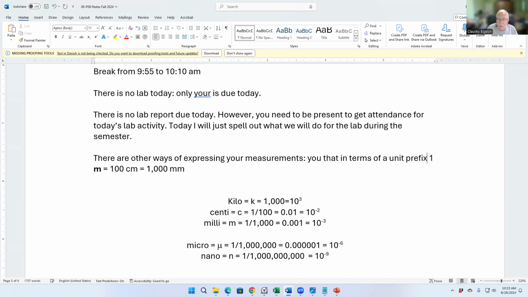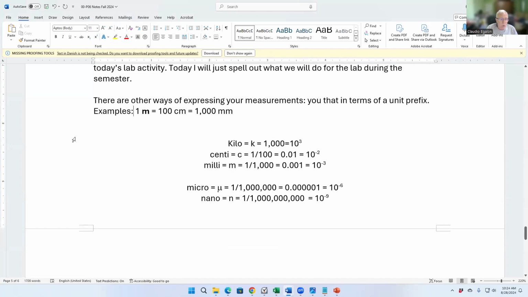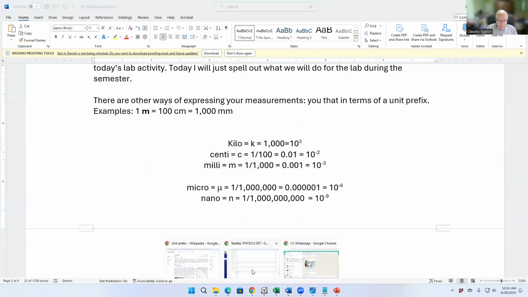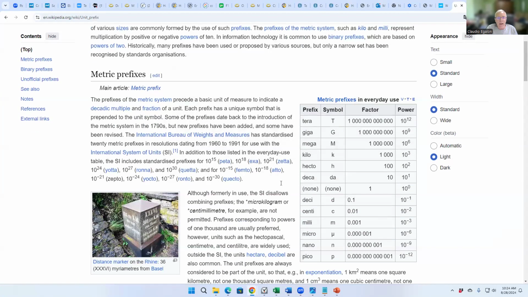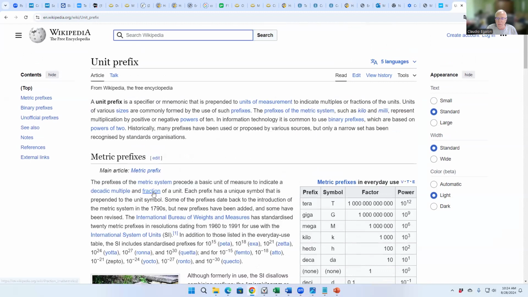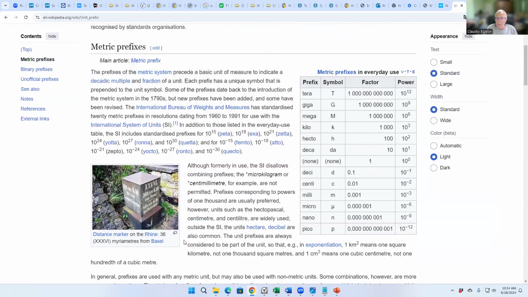Example: 1 meter is equal to 100 centimeters, which is equal to 1,000 millimeters. Here are the most important ones, and then there are others. Like I said, if you want to know all of them that are available, just go to the Wikipedia unit prefix entry. We have deca and hecto, which we don't use too much, but we do use kilo.